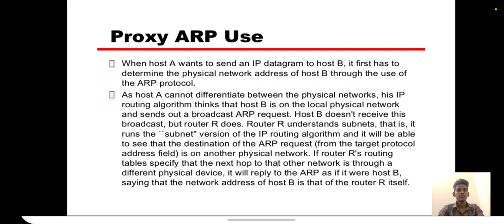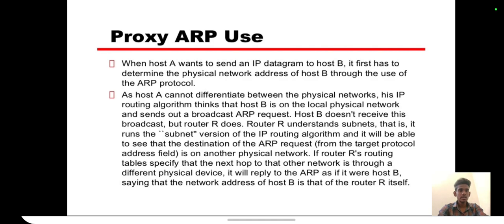Proxy ARP use. When host A wants to send an IP datagram to host B, it first has to determine the physical network address of host B through the use of the ARP protocol. As host A cannot differentiate between the physical networks, its IP routing algorithm thinks that host B is on the local physical network and sends out a broadcast ARP request. Host B does not receive these broadcasts, but router R does.